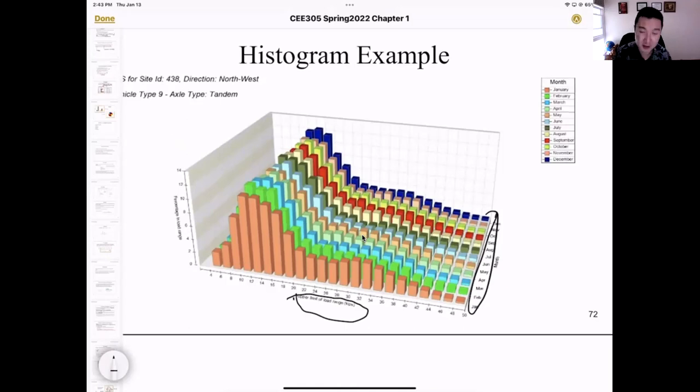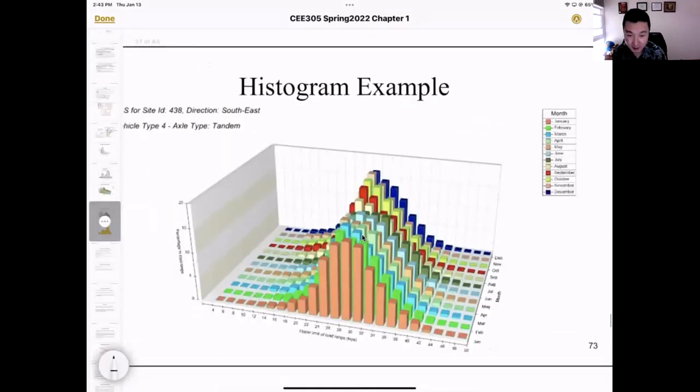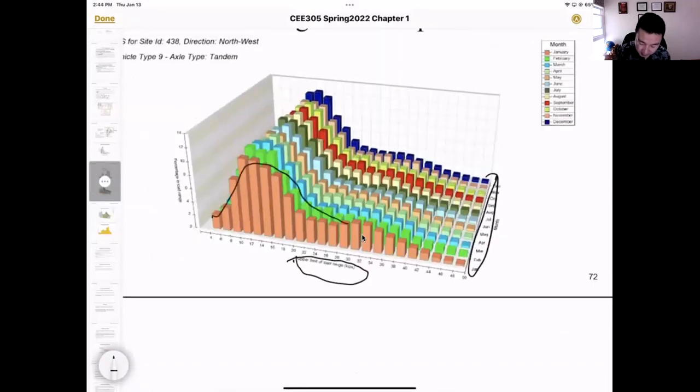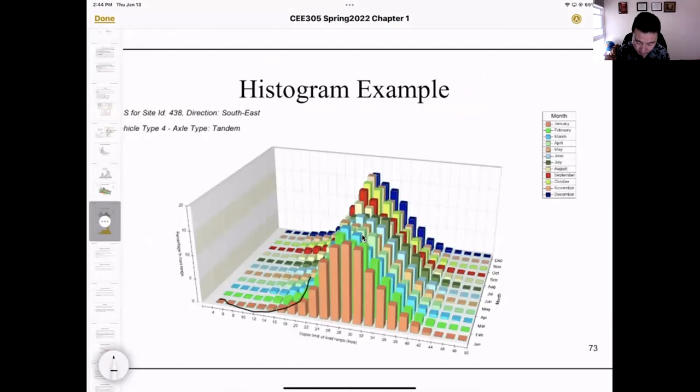Just remember, we can use histograms for almost every discipline. This is another one. The shape of this curve is very different from the shape of that curve. This one is skewed to the right, has a longer right tail, and this one is pretty much symmetrical.